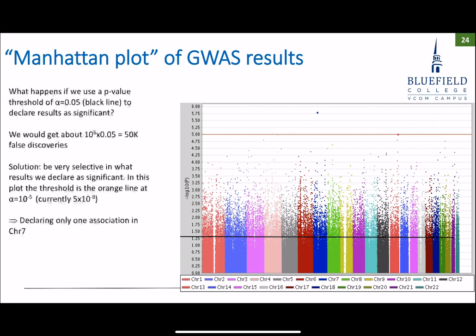It turns out that this is chromosome 7, and we specifically know where this position is.